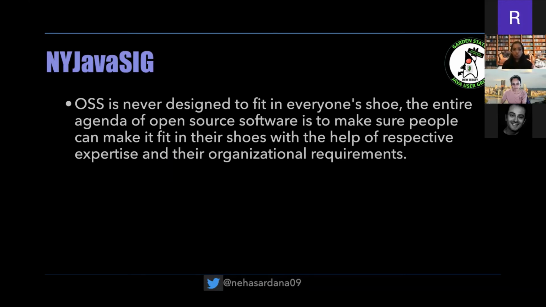Open source software is about making sure that other people can utilize it well. So it kind of works the other way around. Just imagine you're making software that many people are using. Not everyone's requirement is ever going to be the same. So it's always scalable. You have to make it scalable. Otherwise, it will not work for a very long time.